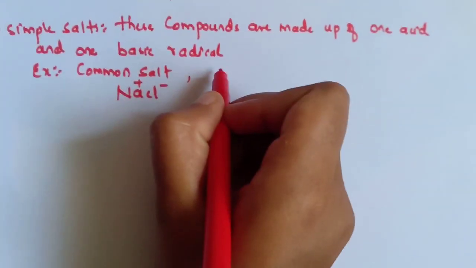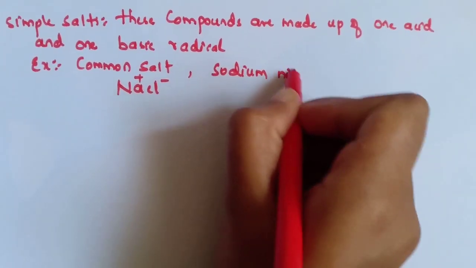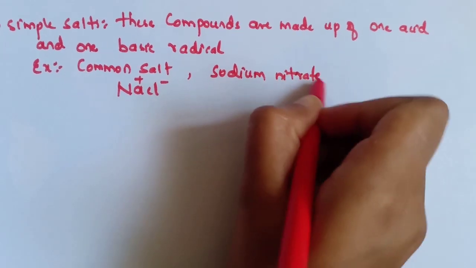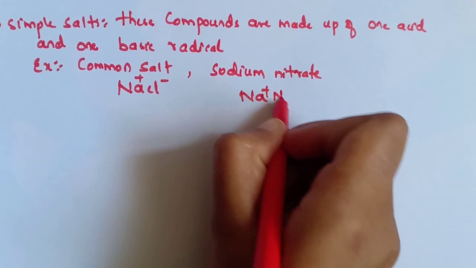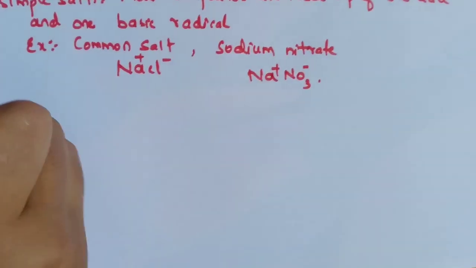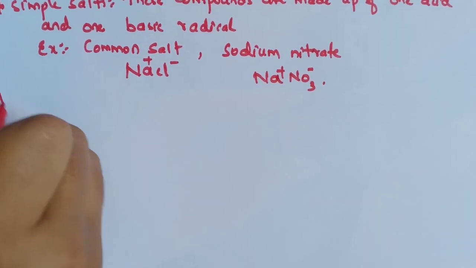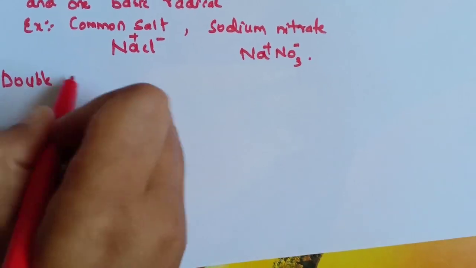The other example is sodium nitrate, Na plus NO3 minus. And the second type is double salts.